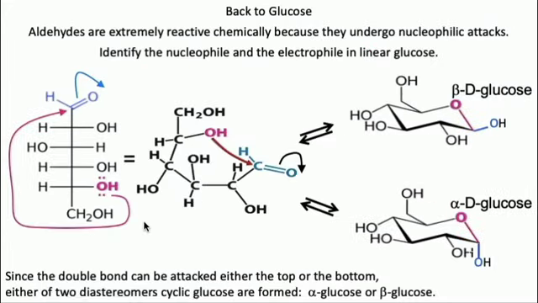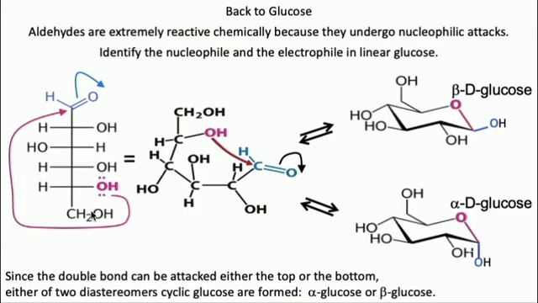And again, since the nucleophilic attack on the aldehyde group happened from carbon 5, that means that carbon 6 remains exocyclic. It's not in the ring, but it stands out, which makes that hydroxyl a little different from the other ones. An even more important learning objective is that cyclization of linear glucose leads to two different conformations, alpha glucose and beta glucose.